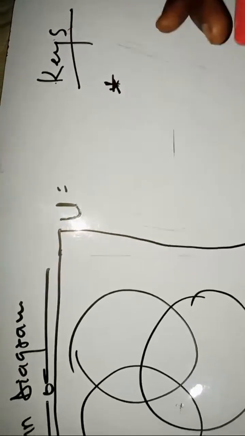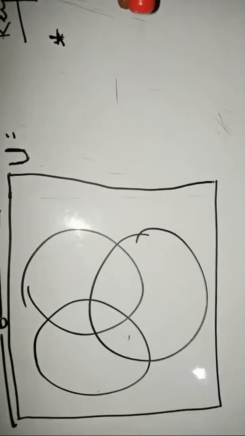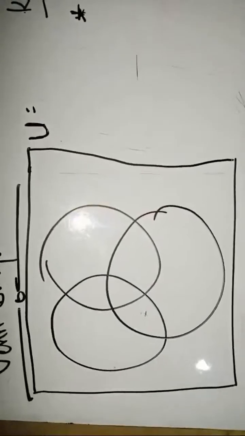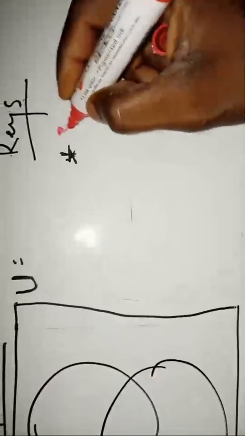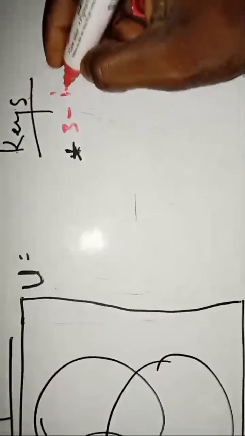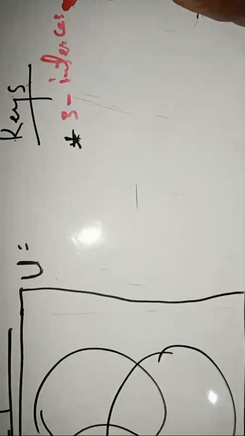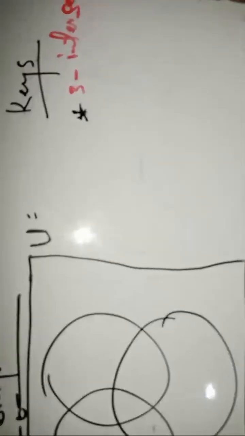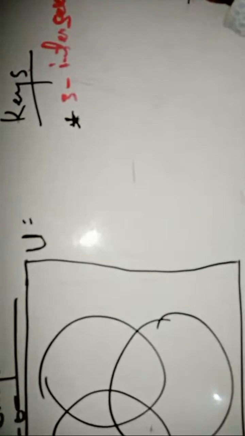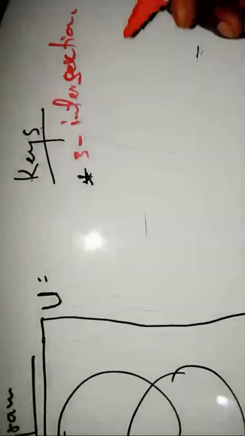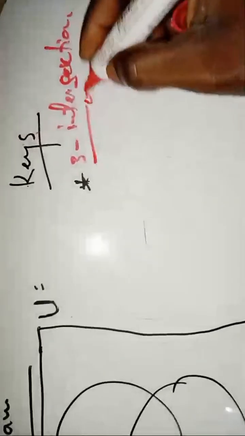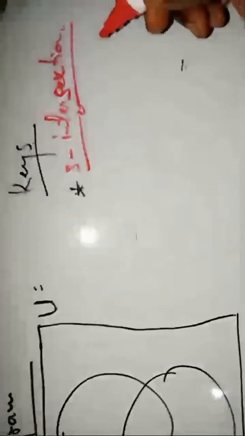So by quickly scanning through the questions being given to you, you are looking for the intersection, maybe the three intersection. That's the spelling there. So the three intersection first before you proceed, right?